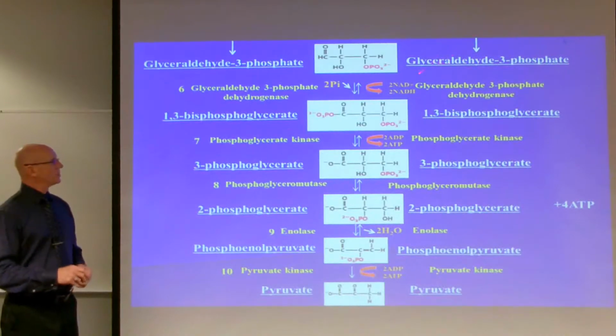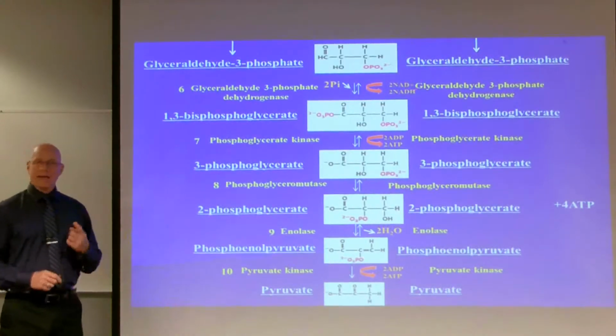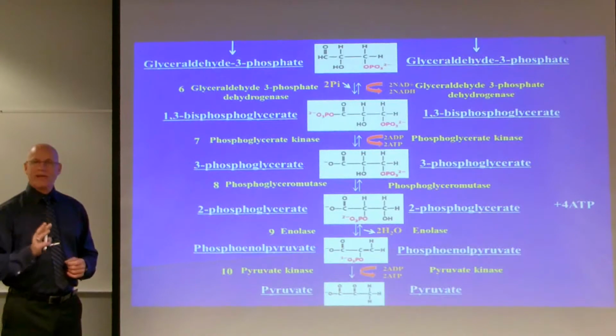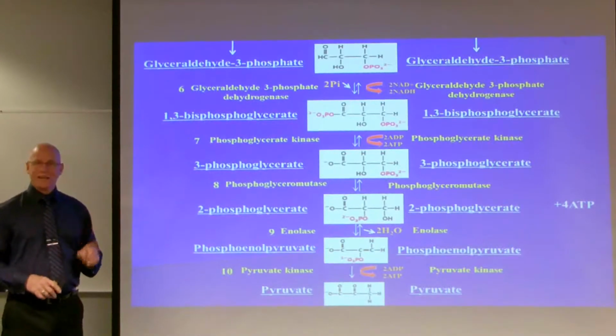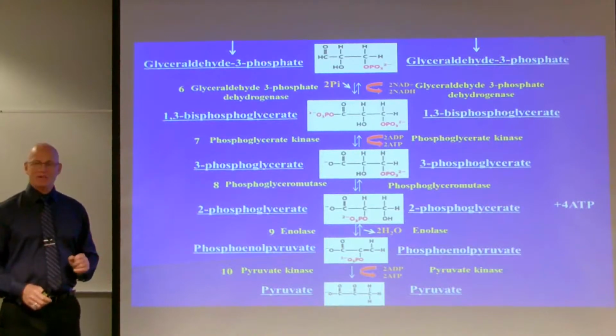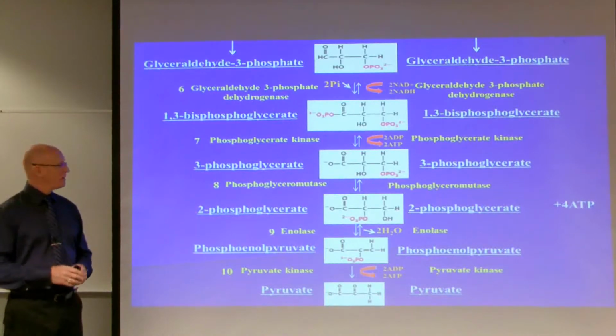And here, right after glyceraldehyde 3-phosphate, we're reducing NAD plus to NADH. So we'll have 2 of those. Now for every NADH, the electron transport chain can make 3 ATPs. For every 1 NADH, we make 3 ATPs. And for every 1 FADH, we only make 2 ATPs.